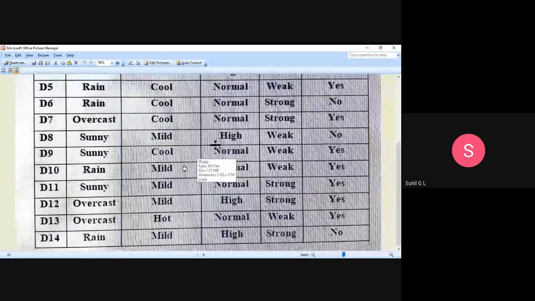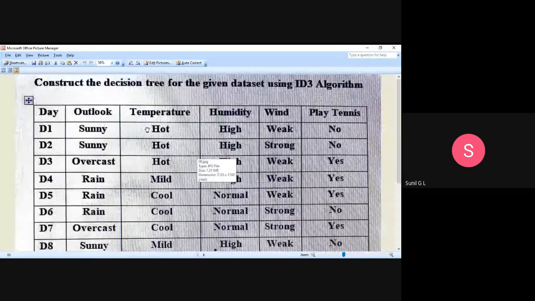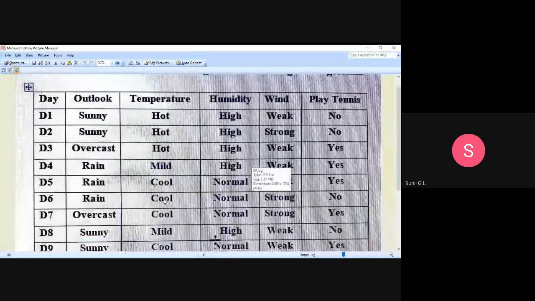You need to calculate the entropy of hot, the entropy of mild, and the entropy of cool. After calculating all those, you need to calculate the average information gain. After that, you need to calculate the gain of temperature for the whole data set. Will you do this?